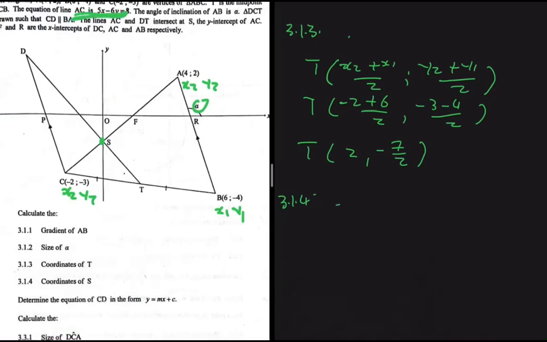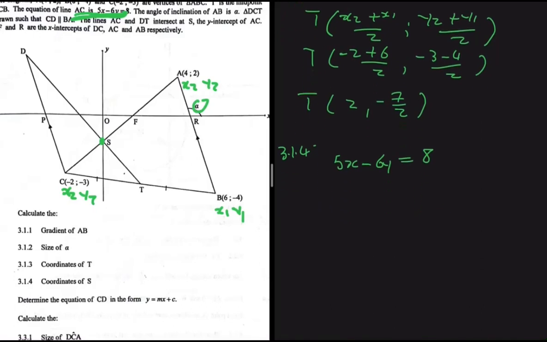They're saying the equation is 5x minus 6y equals 8, right? So let's look at S. You can see that the x coordinate of S is going to be 0, right? So we can just substitute that. If we substitute that, we're going to get 5 times 0 minus 6y equals 8.